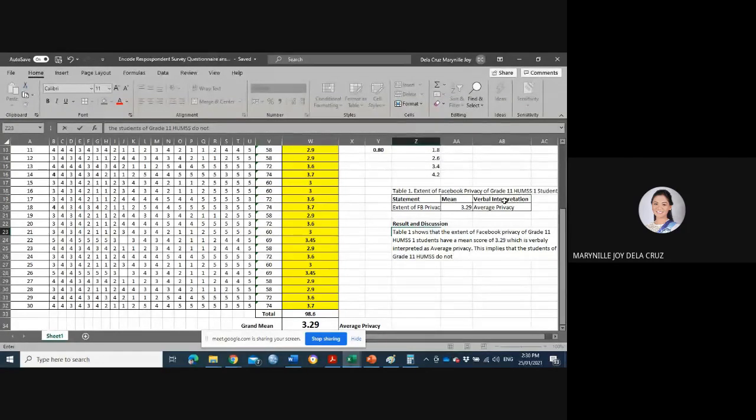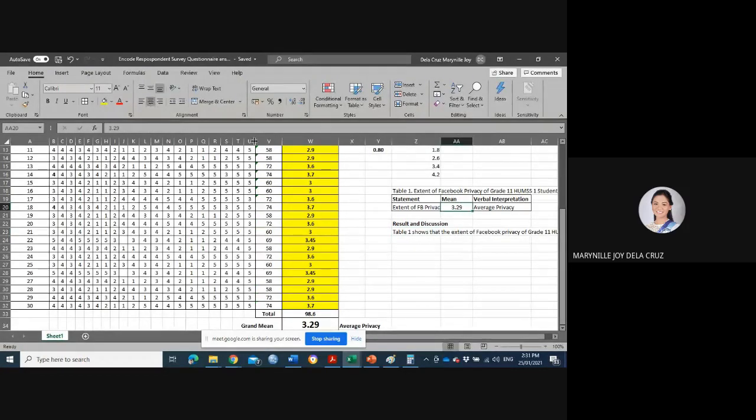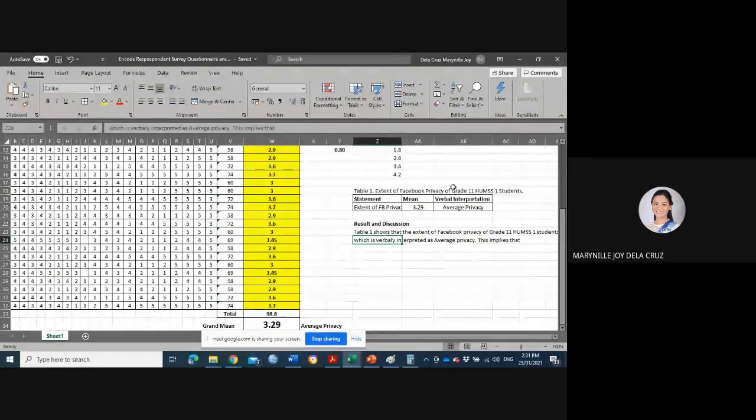Ano man namin nga term ang gusto nyo, HUMSS? This implies that students, kung amo dyan imong verbal interpretation based on the mean score, nagamit kita table. Ano sa tingin nyo ang implication niya? What is the meaning of this result?